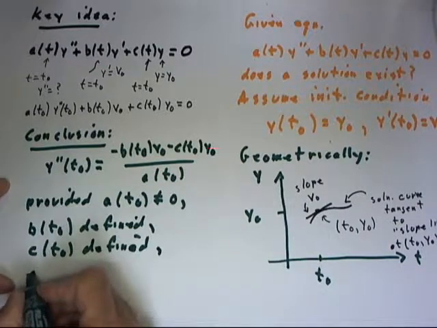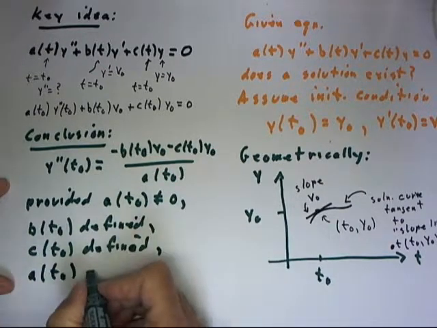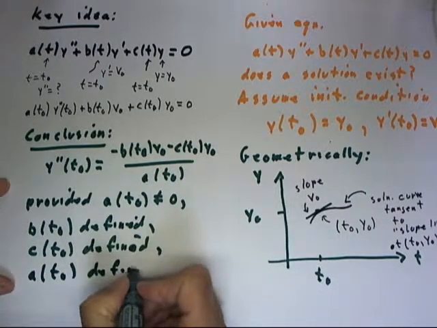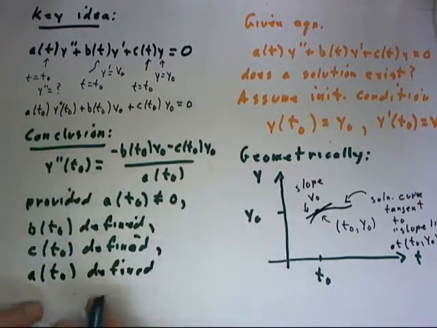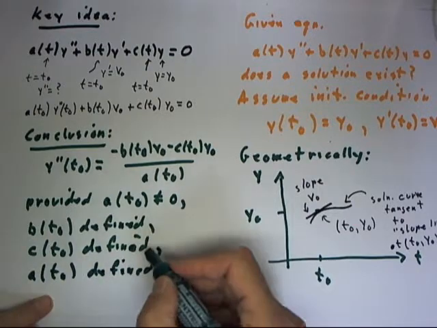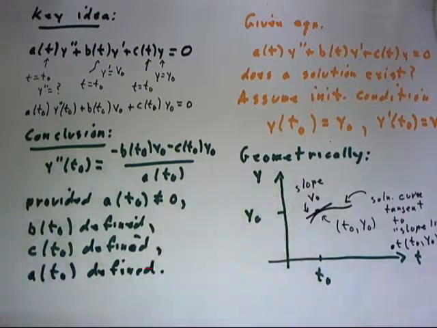And we should mention that a of t naught also has to be defined. It's not sufficient that a of t naught be non-zero. It also has to be something we can compute, something that is defined.